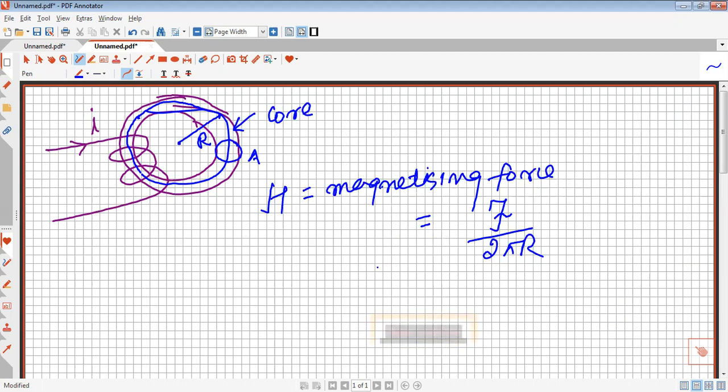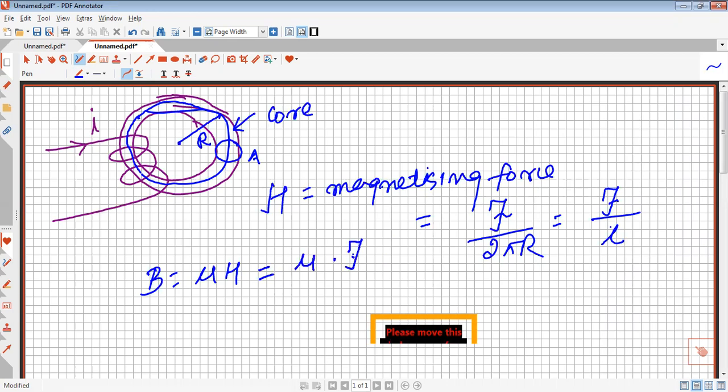We also know the relation B equals mu into H. Putting in the value of H, with 2 pi r written as L, B equals mu multiplied by mmf divided by L.